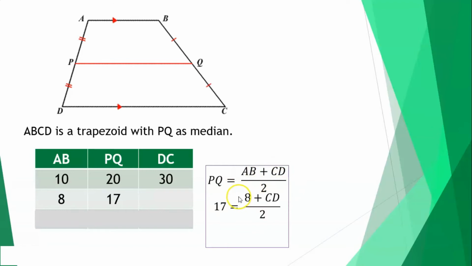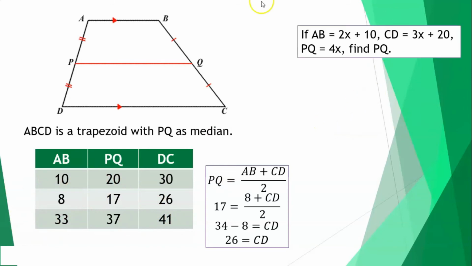So since our PQ here is 17, so 8 plus CD, transpose 2 times 17, that's 34 minus 8, or CD is 26. So the same thing here. So double PQ, 37 times 2 minus 41, that would be the length for AB, which is 33.